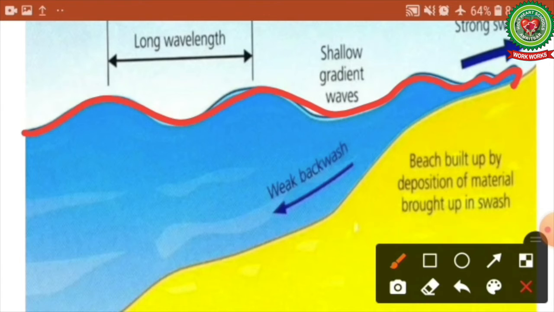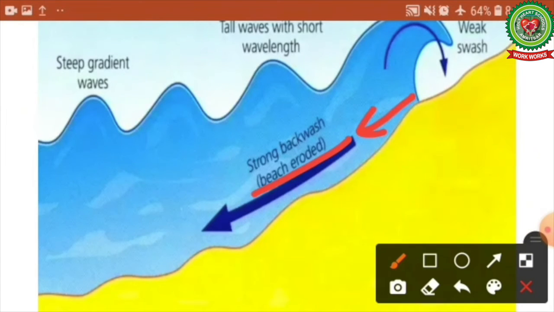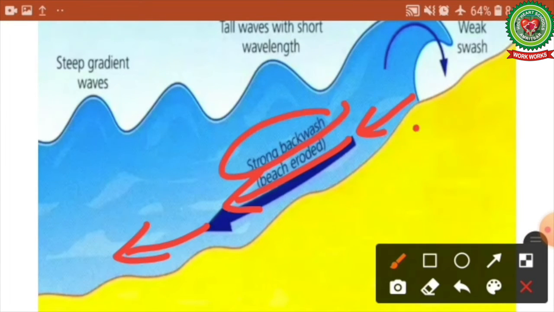The water rushes up the beach as swash, carrying sand and gravel landward. When the swash stops, the water returns down the beach as backwash, sweeping sand and gravel back towards the sea.